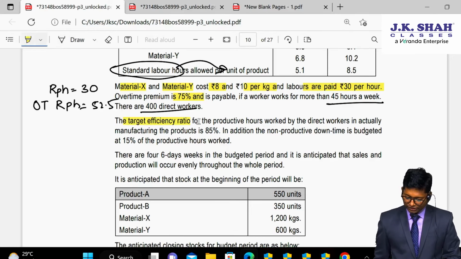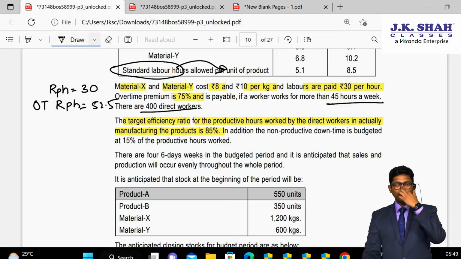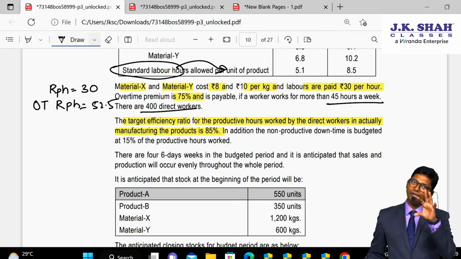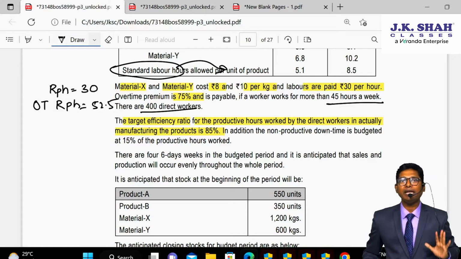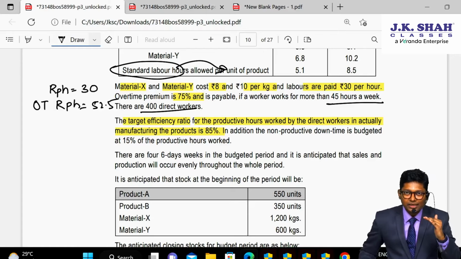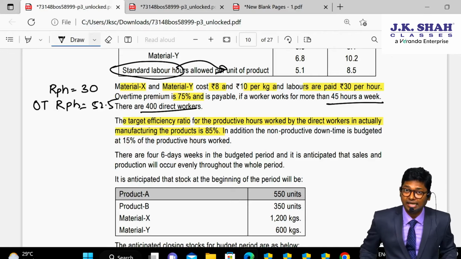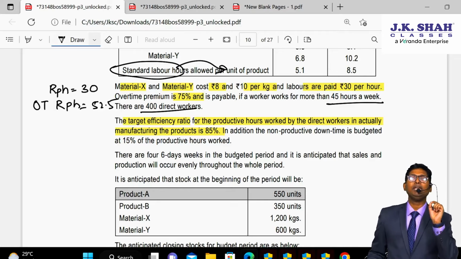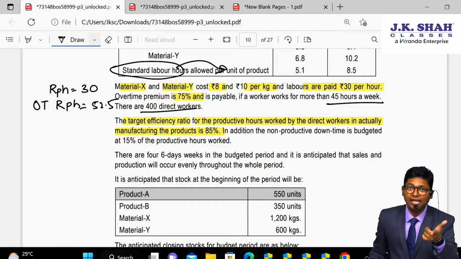Sir, what is efficiency ratio? How much actual time they are going to take is 85%, and this is something very important. When workers' efficiency is 100%, that means whatever time is allotted to them, they will be taking the same time. When their efficiency is more than 100%, in that case they will be consuming less time, and when their efficiency is below 100, that means workers are inefficient, they will be requiring more time than the given time.